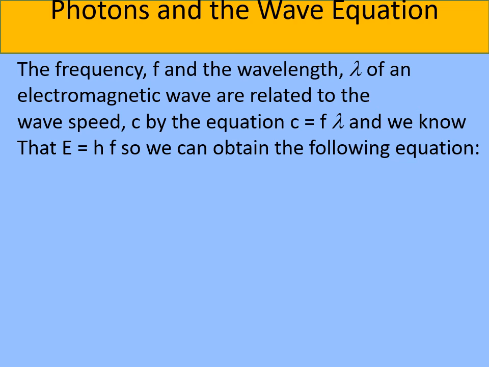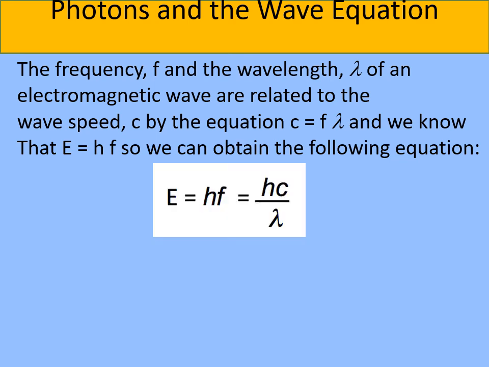Now we have our E is equal to hf equation, but we also know from previous lessons that we have the wave equation, which is c is equal to f lambda, where c is the speed of light, lambda is the wavelength of that light and f is the frequency of that light. So using E is equal to hf and c is equal to f lambda, we can produce another equation, which is E is equal to hc over lambda.